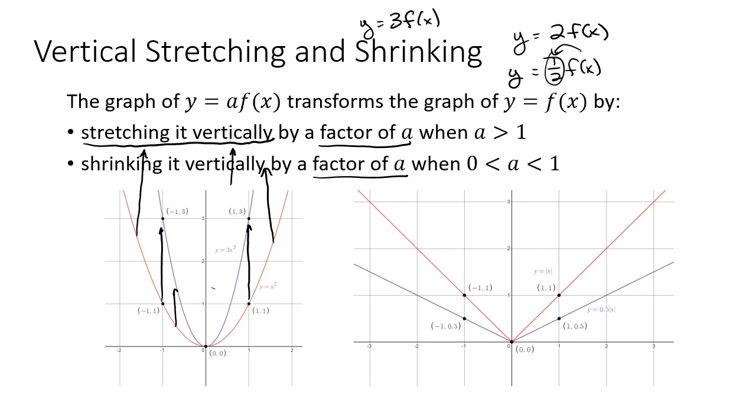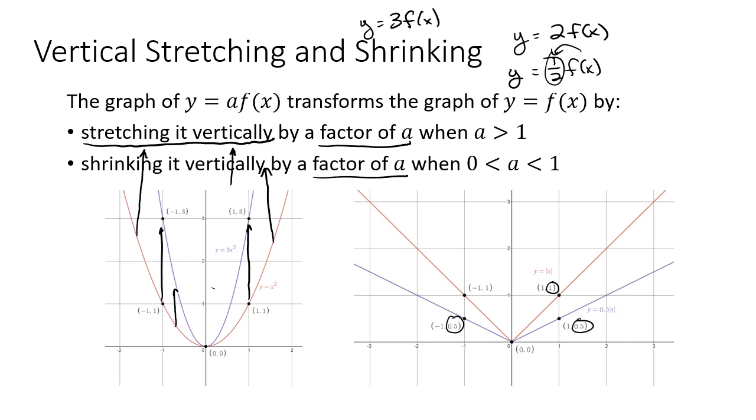And for the shrinking example, if we have our base graph of y is equal to absolute value of x here, and I wanted to graph 1/2 times the absolute value of x, which I wrote as 0.5 in this case, 0.5 is 1/2, then all of your y values get half as big. So this y value of 1 now goes down to 1/2.